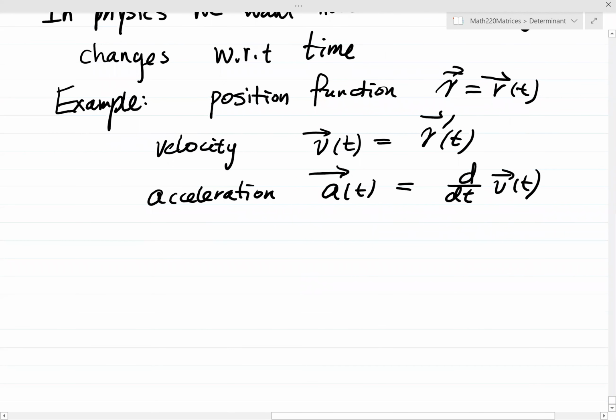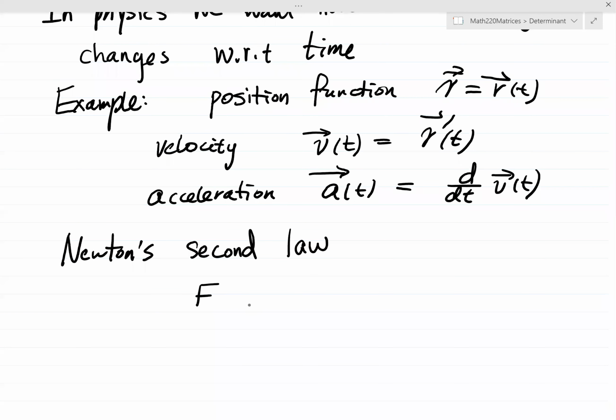Now Newton's second law. Newton's second law is fundamental in mechanics, Newtonian mechanics. It unifies how the Earth travels around the sun and how the moon travels around the Earth.